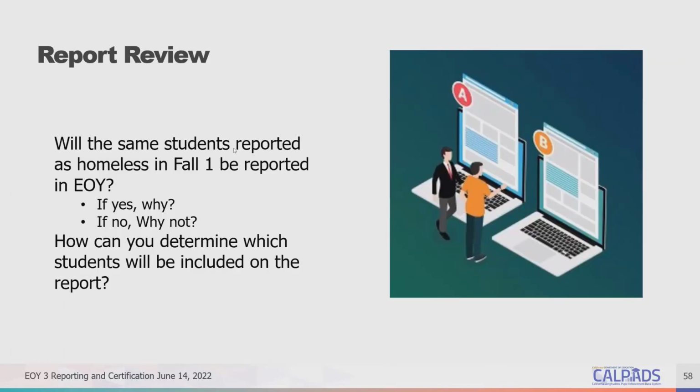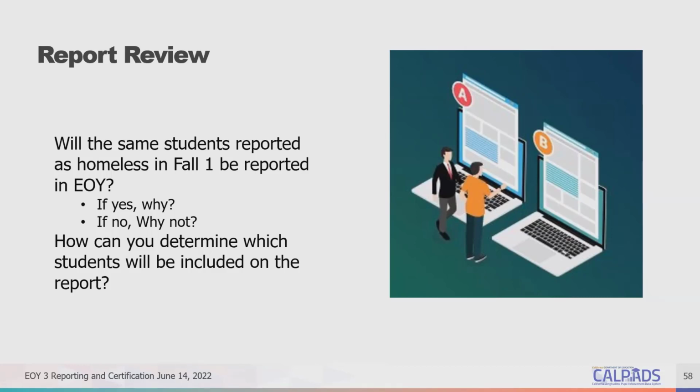And so just a prompt is: will the same students reported in Fall 1 as homeless be included in end of year? And if yes, why? If no, why? And then how would you determine that? Well, you have to remember that the homeless count for Fall 1 is only centered around Census Day.